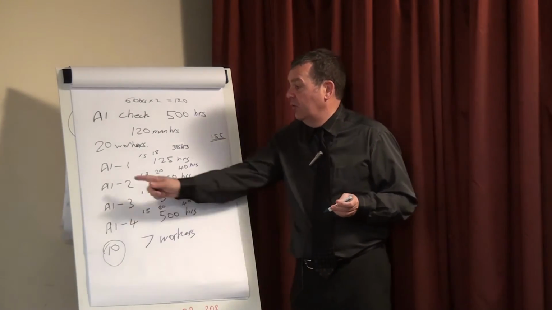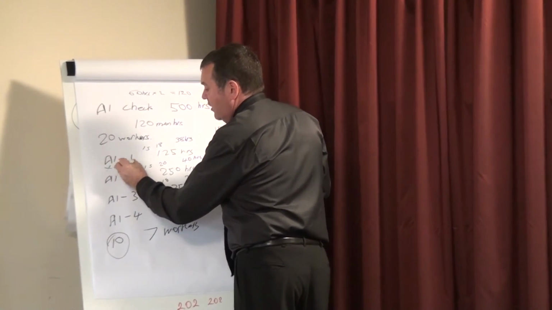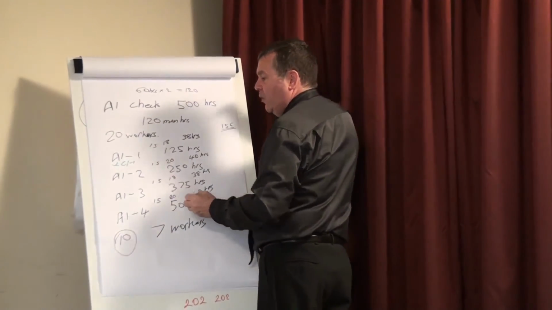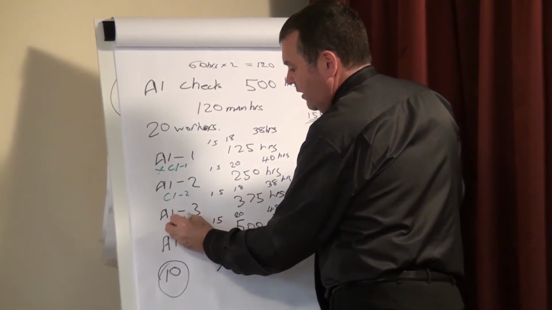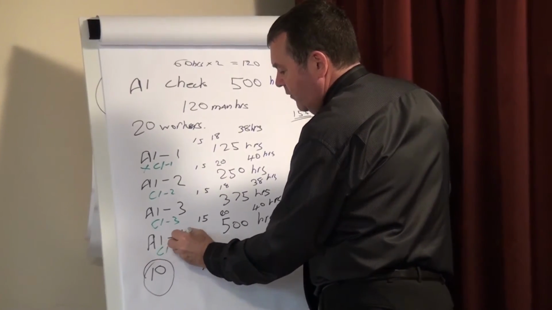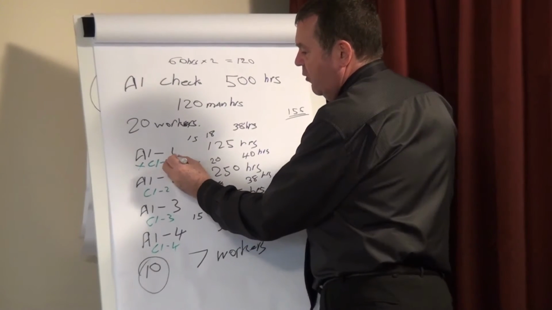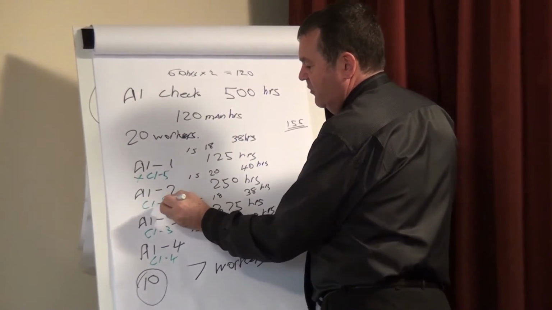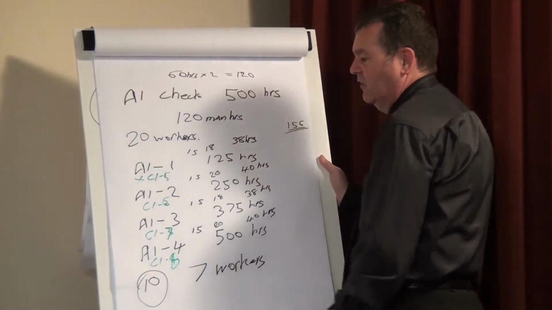So now we do an A11 plus C11, A12, C12, A13, C13, A14, C14. And then the next time, A11 plus C15 plus C16 plus C17 plus C18.